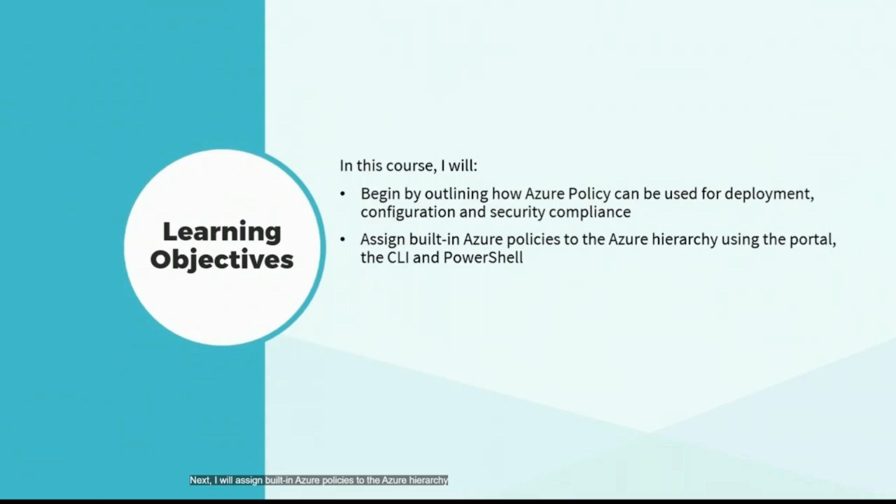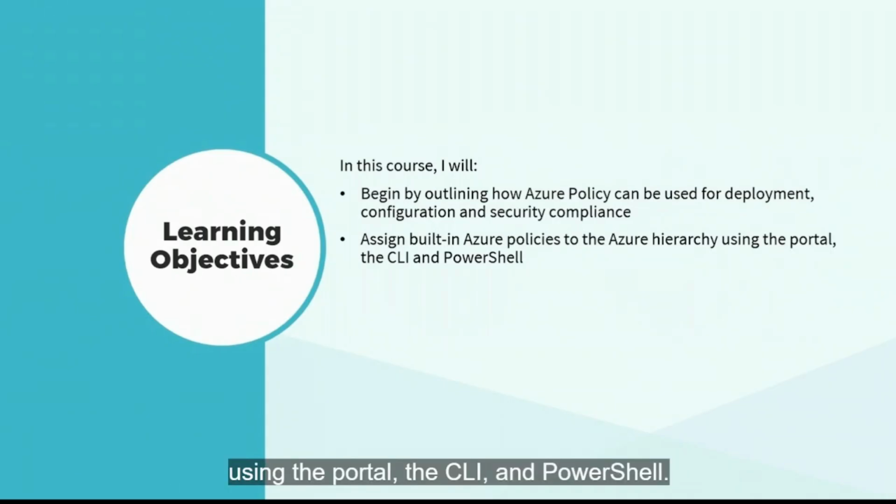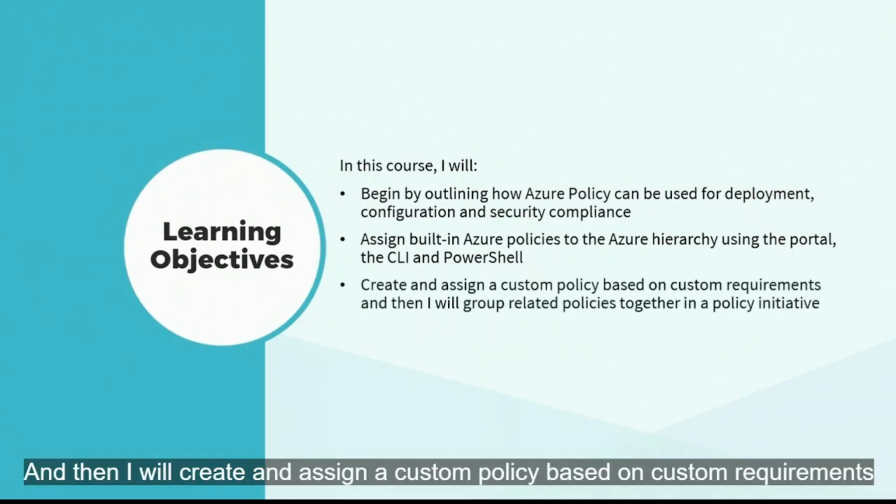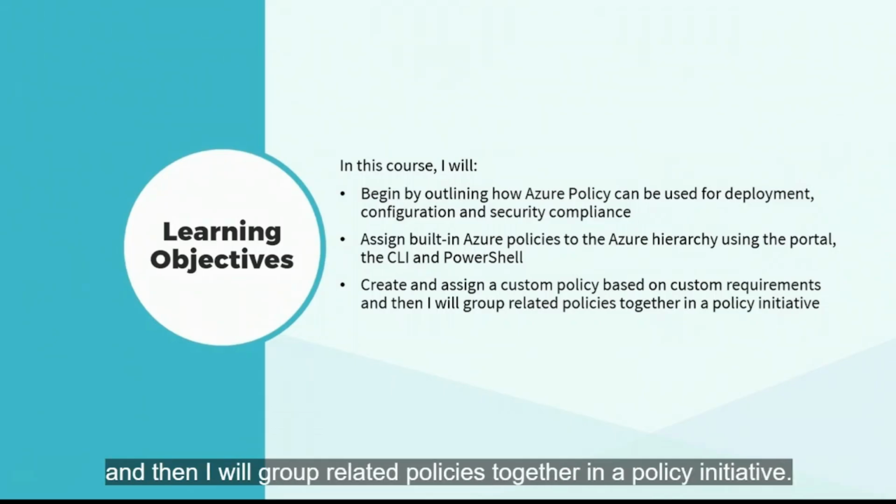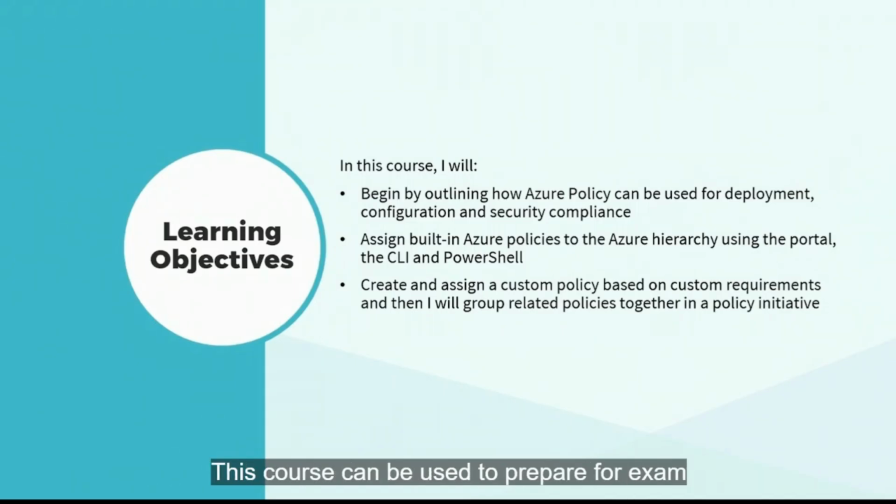Next, I will assign built-in Azure policies to the Azure hierarchy using the portal, the CLI, and PowerShell. And then I will create and assign a custom policy based on custom requirements. And then I will group related policies together in a policy initiative. This course can be used to prepare for exam AZ-104, Microsoft Azure Administrator.